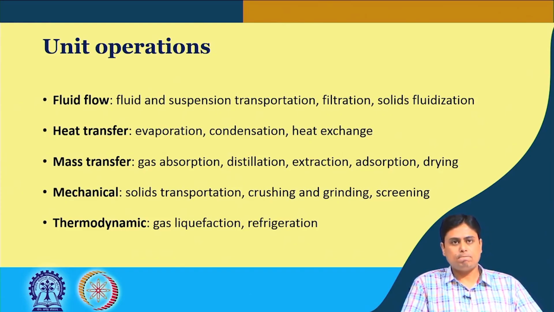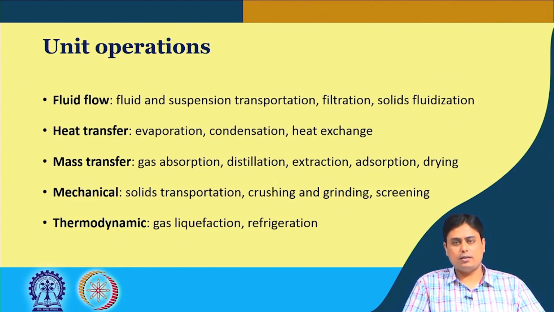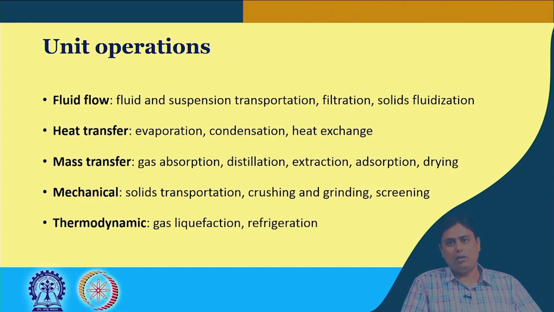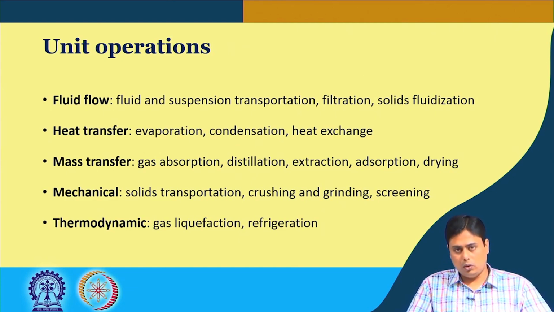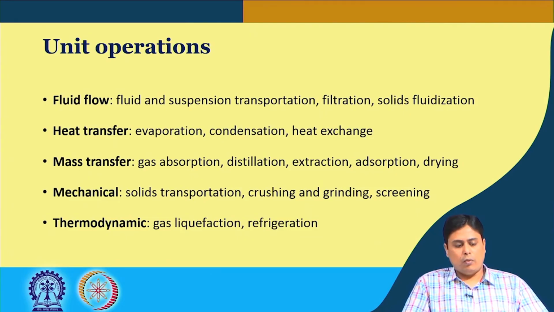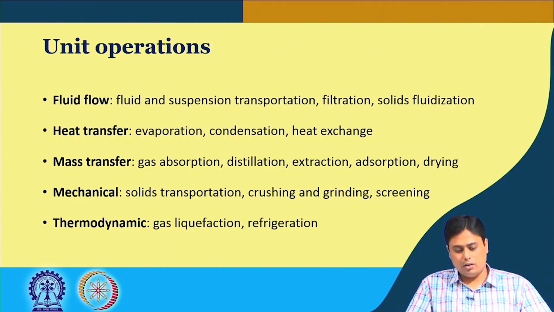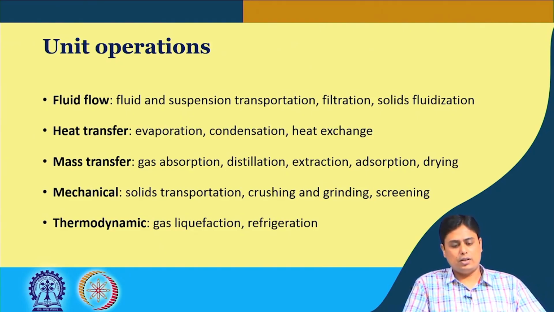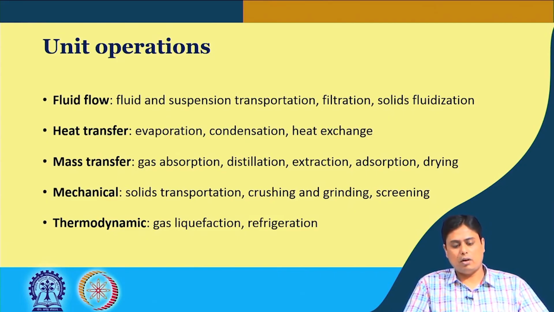These subcategories are taught as separate course subjects in the chemical engineering curriculum. For example, fluid flow is the preliminary basic course where we study fluid transport or suspension transport relevant to particulate solids, filtration, and solid fluidization, which helps us get the solids from a mixture.